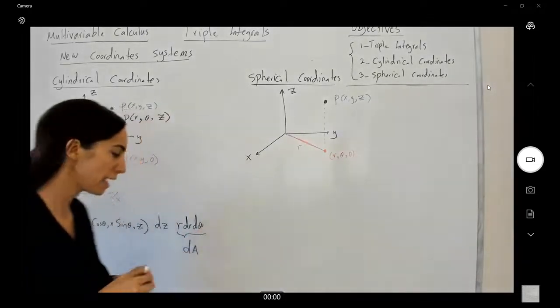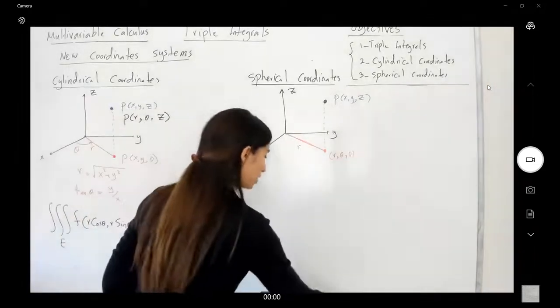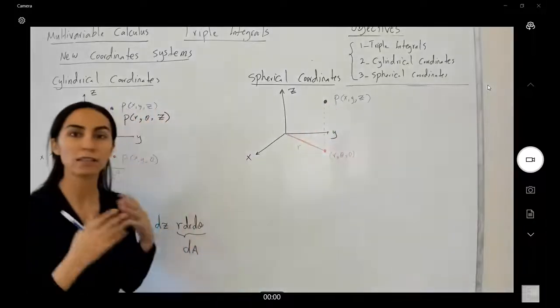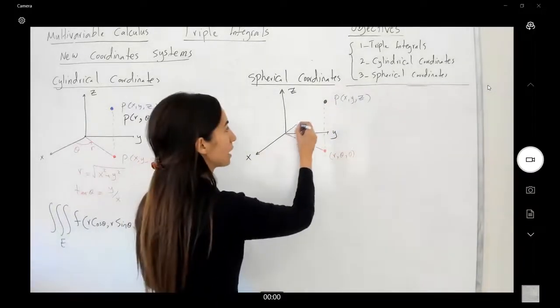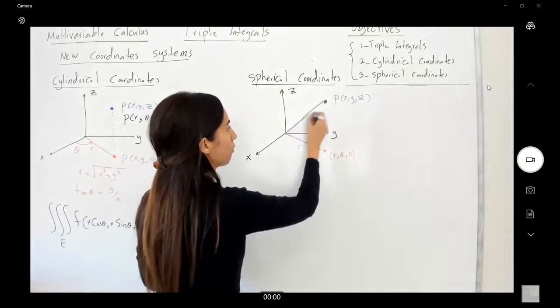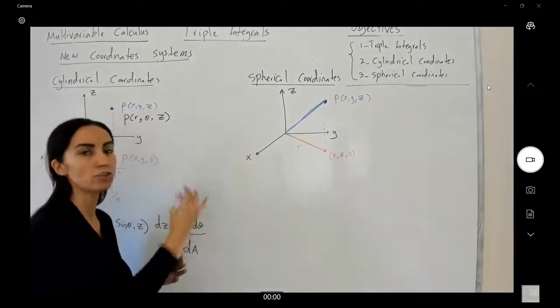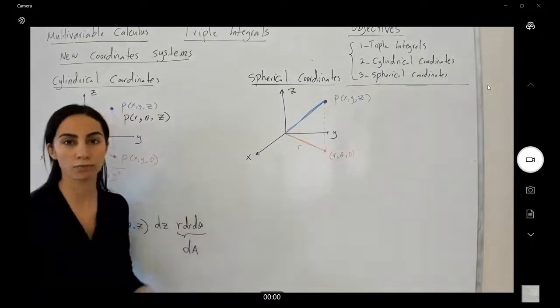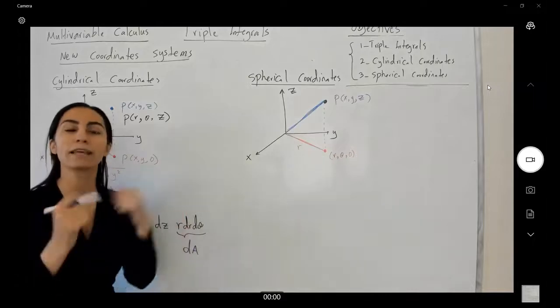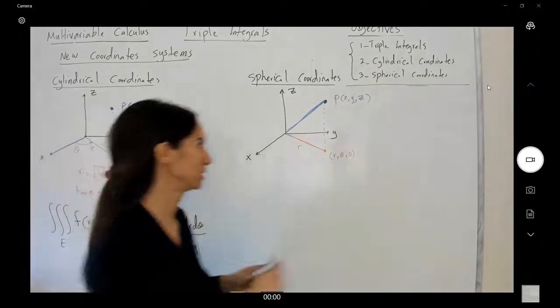And this is your r. Now here you have your point P, and if I find the distance between P and the origin O, I can easily calculate that. It's actually the square root of x squared plus y squared plus z squared. Let us call it rho.